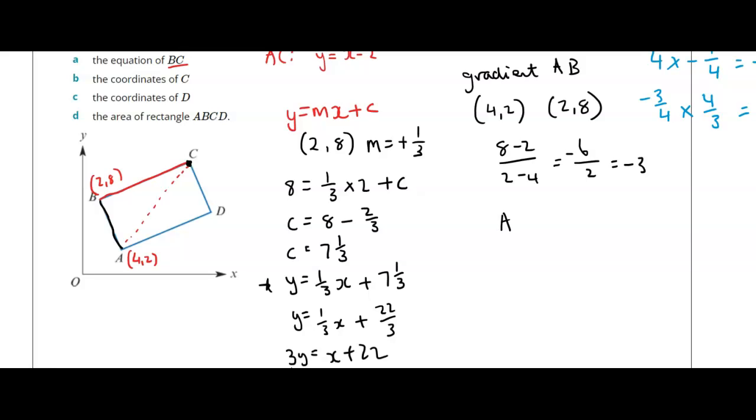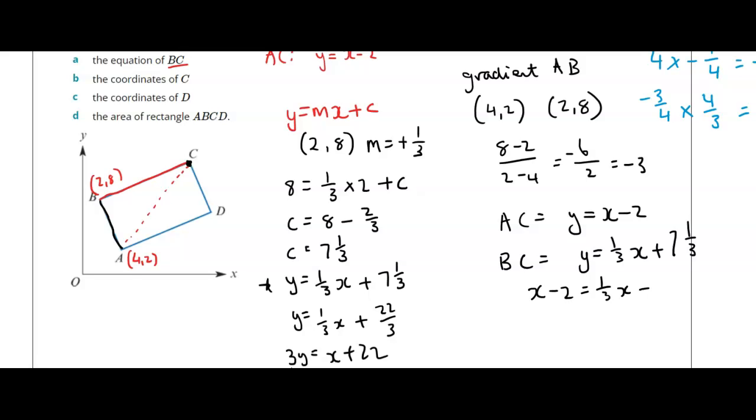So remember, AC is y equals x minus 2, and BC is, what was it? y equals 1/3 x plus 7 and 1/3. You can easily solve them by hand, just make them equal each other. So you can go x minus 2 equals 1/3 x plus 7 and 1/3.